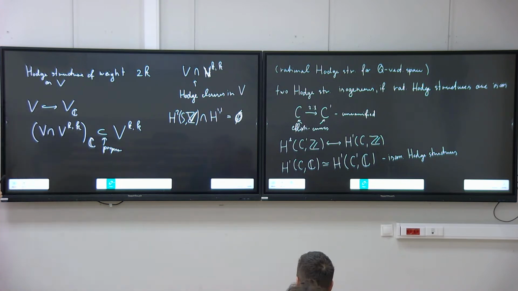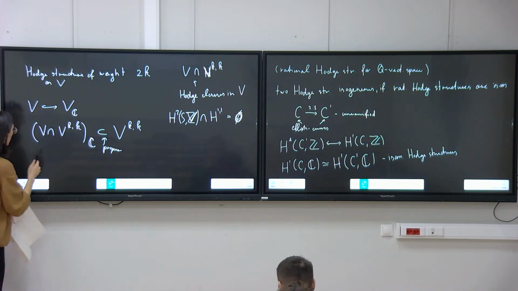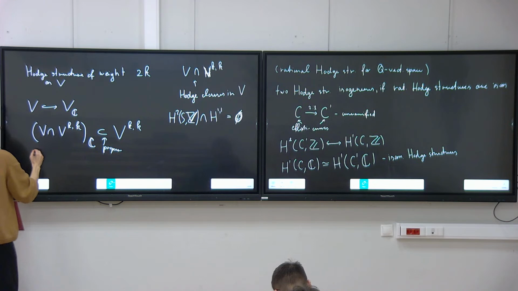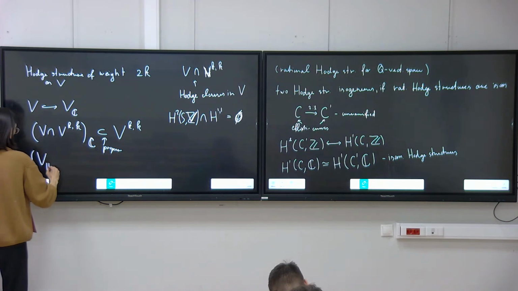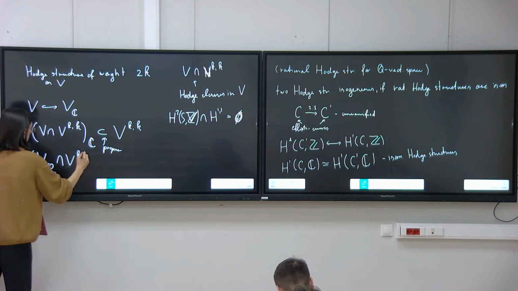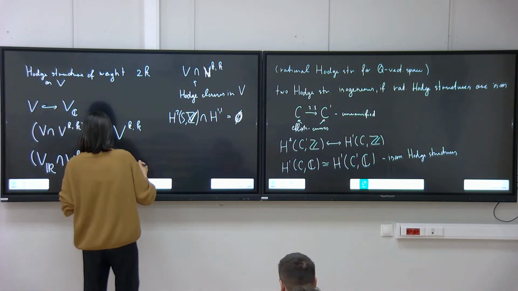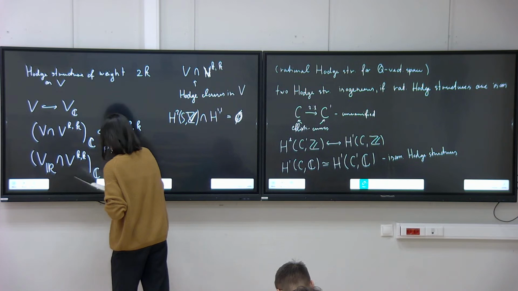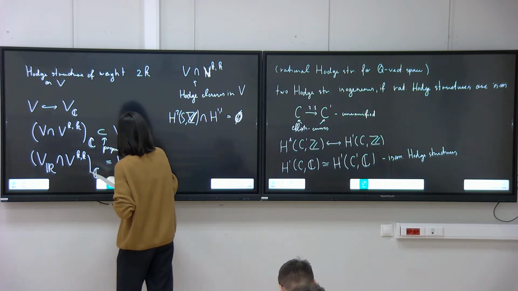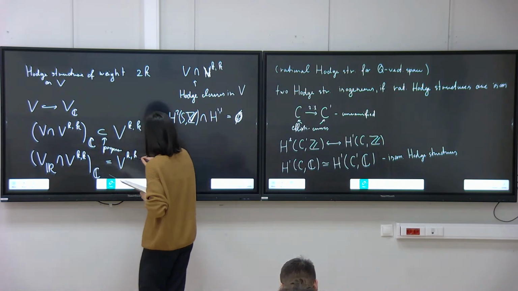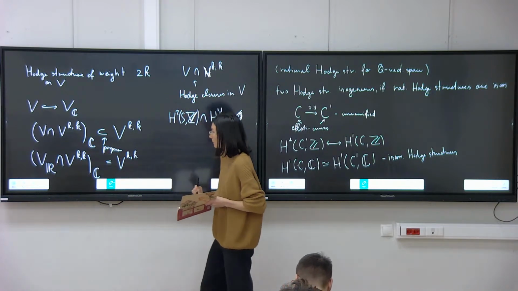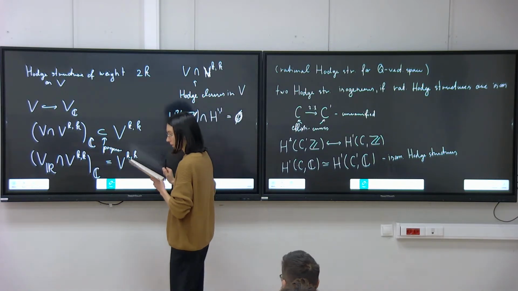Proper subspace here. Okay? But if we consider V_R intersecting with K_K and then take its complexification, then this will coincide with K_K.